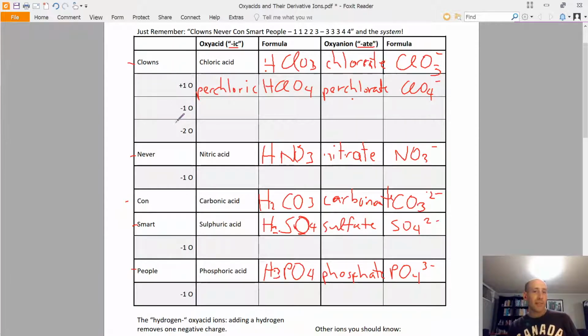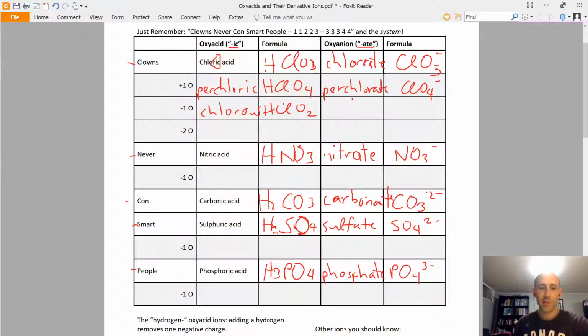You can also have one less oxygen. That would give us one less than the normal one, the 3. Okay, so it's HClO2. And for this one, the ic suffix gets turned into an ous suffix. This is called chlorous acid.